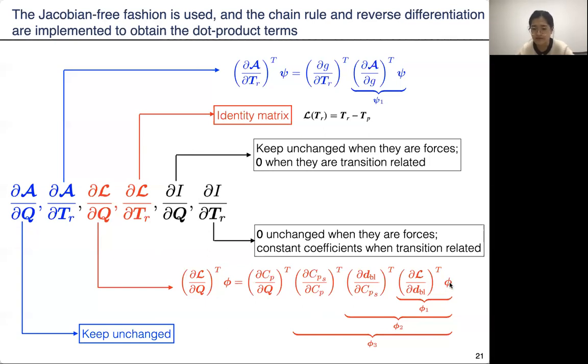We start from the transition adjoint vector, and this is related to the stability analysis part. If we use the simplified method and the C1 criterion, it is just the algebraic operation, so we can just run the automatic reverse differentiation code here.